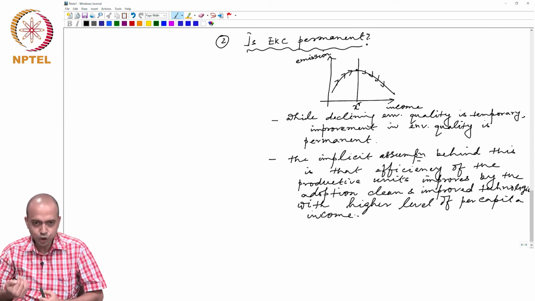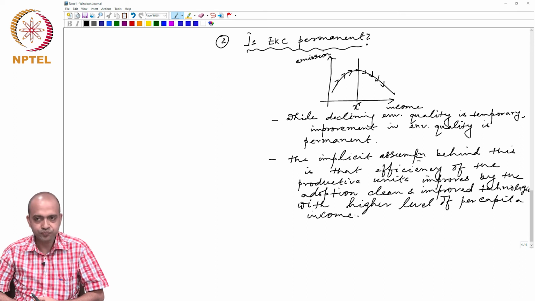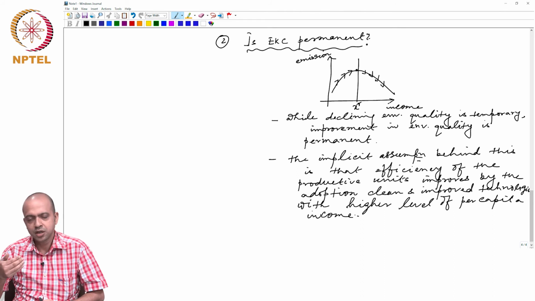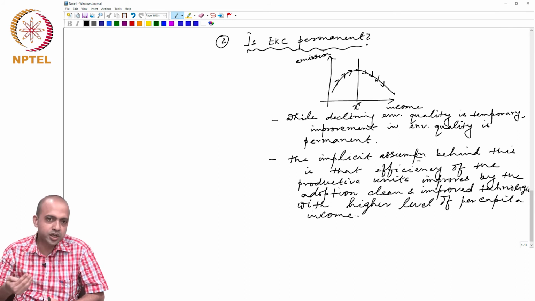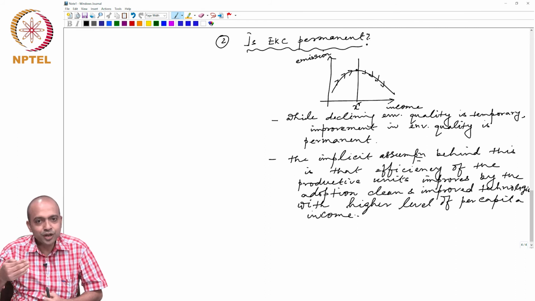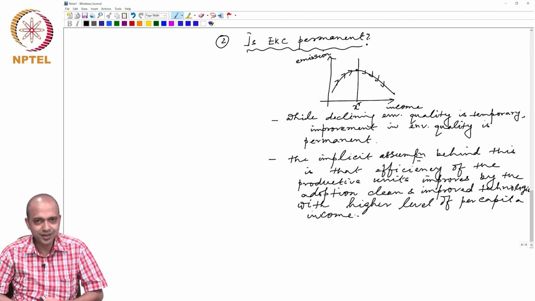And for other pollutants, what do the economies do? Economies may go for only end of pipe treatment, okay? End of pipe treatment means there is no structural change in the production process, rather pollution is controlled by abatement at the end. And when the cost of abatement is too high, then what will happen?